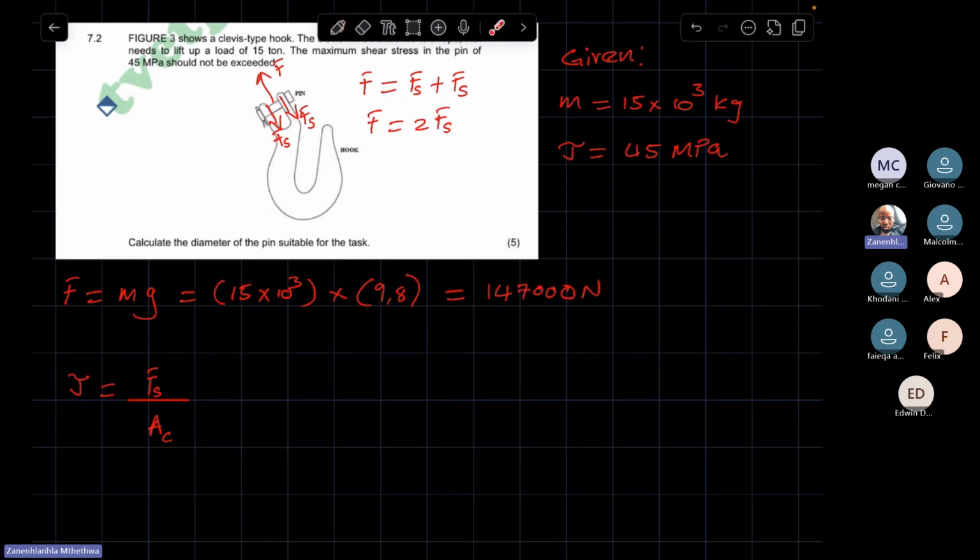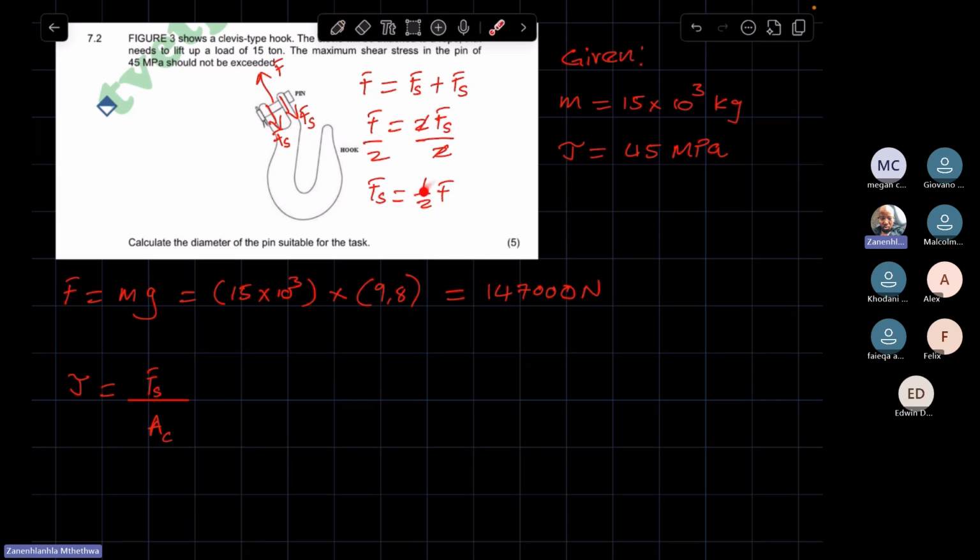Now, what is the shear force? From this, if you solve for shear force, you simply divide both sides by 2, meaning that the shearing force is actually half the tension on the rope.